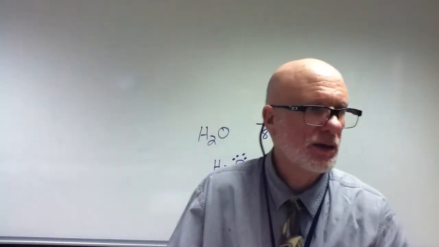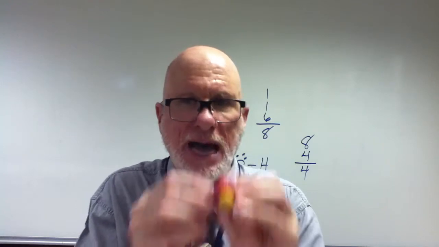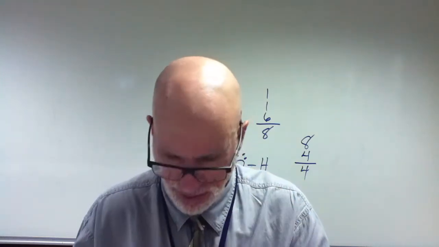What's bending them out? What does VSEPR stand for? Valence shell electron pair repulsion. So, if I didn't have these here, wouldn't it look like this? It would look like that, right?